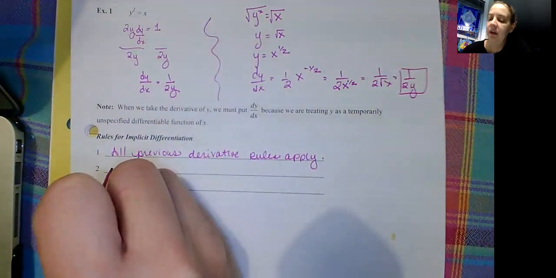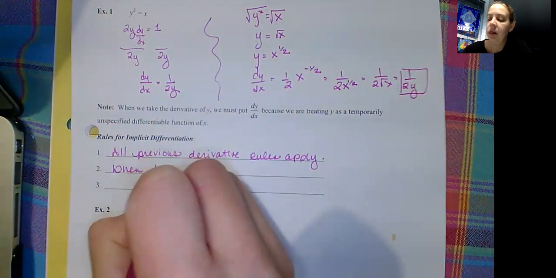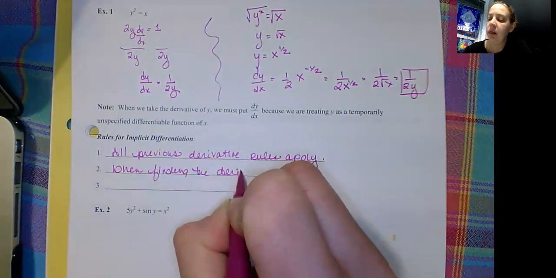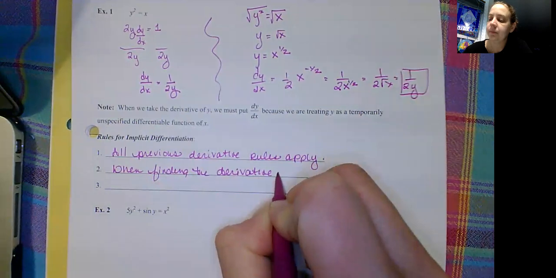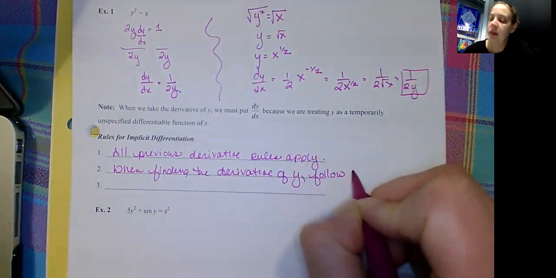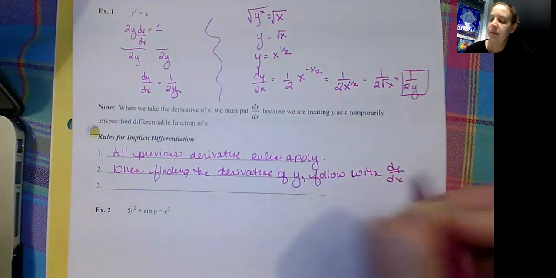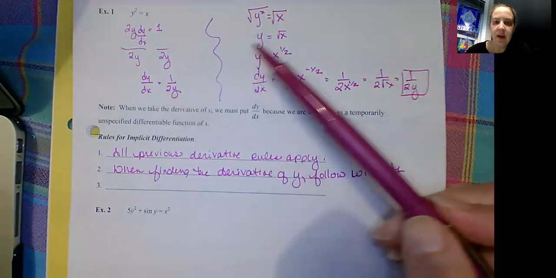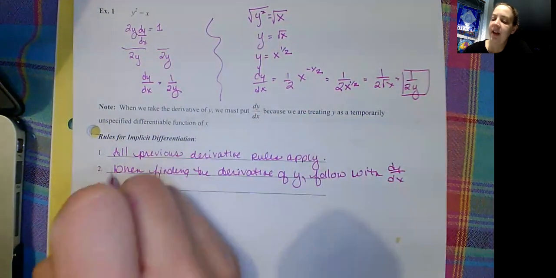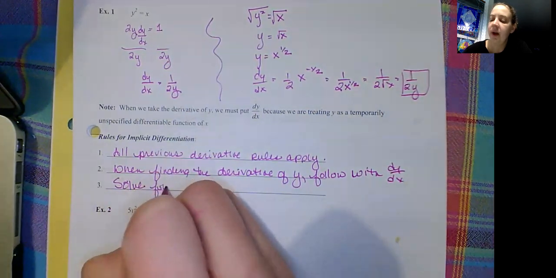Second thing, when finding the derivative of y, follow with dy dx. That was the part where we wrote dy dx right afterwards, right up here, that guy. And then finally, the last piece is to solve for dy over dx.